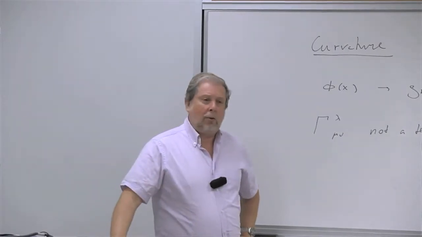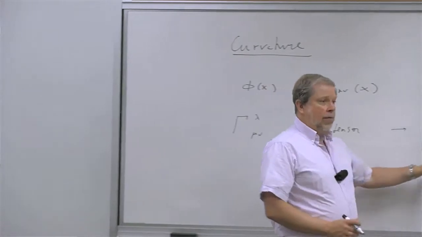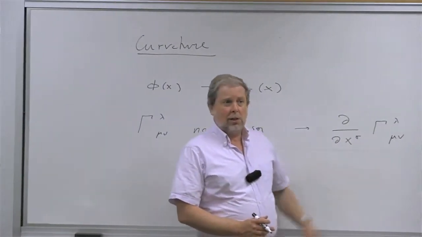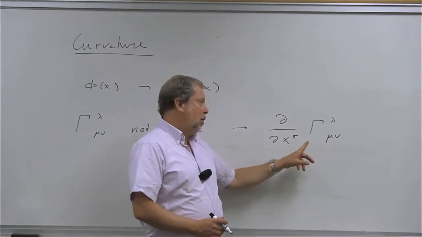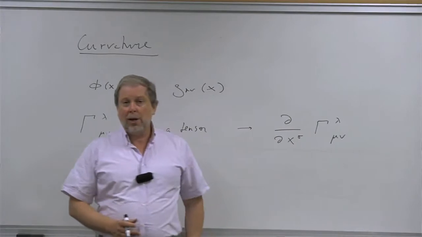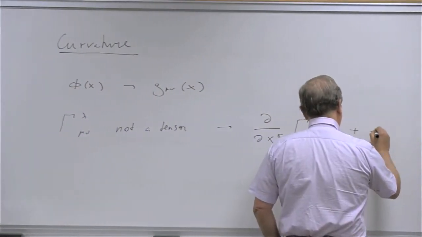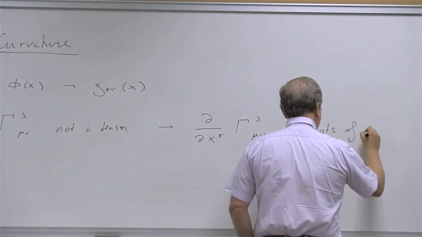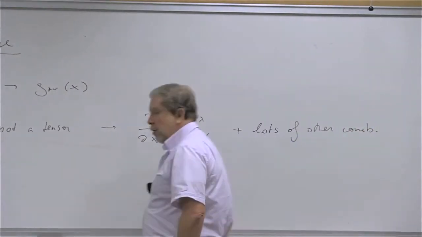But what you can do, and what Riemann and Christoffel discovered, is that there's all sorts of different combinations for these indices, right? You can have this mu interchanged with the sigma. So you can take the derivative with respect to x mu of something that has a sigma in there. And so plus lots of other combinations, right?